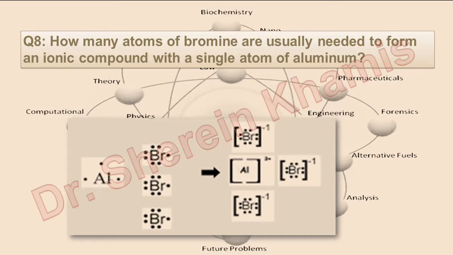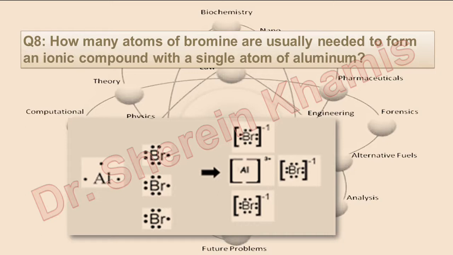Instead of the number of electrons, we will say we have a pair of electrons. So each atom of bromine has 3 pairs of unbonded electrons. So 3 times 3 equals 9. We have 9 unbonded pairs of electrons. This is the first one.